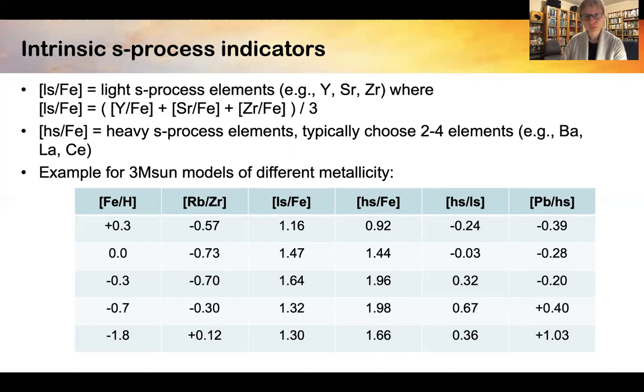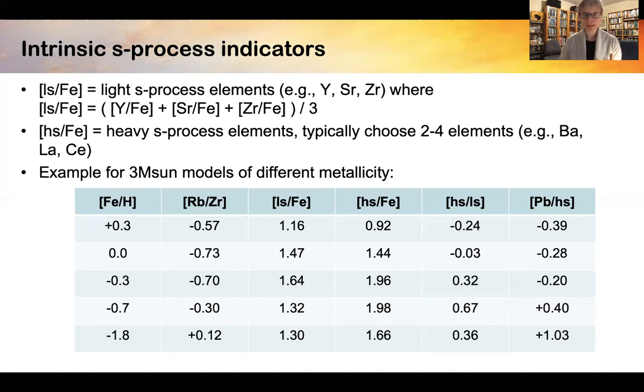I've also highlighted rubidium to zirconium, and this is probably less about the s-process and more about the details of theoretical stellar evolution. If you take a model of the same mass but decrease the metallicity, the temperature in each burning zone becomes hotter. Low metallicity stars of the same mass are hotter than their more metal-rich counterparts.